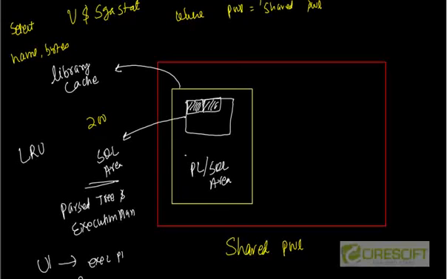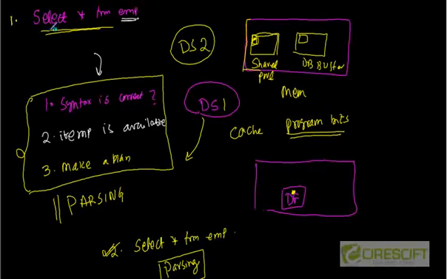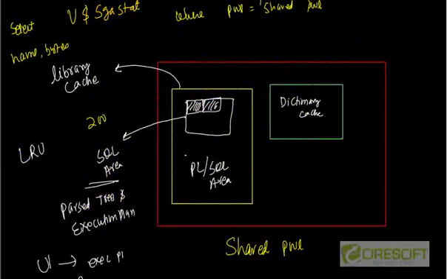Okay, and then the next area is your dictionary cache. Dictionary cache means, as I told you, whenever we do select star from emp, in the second step we see whether the employee table is there or not. That means it has to go to the database to check that. For the first time, once it knows the employee table is there, it is going to store that information in this cache called the dictionary cache.